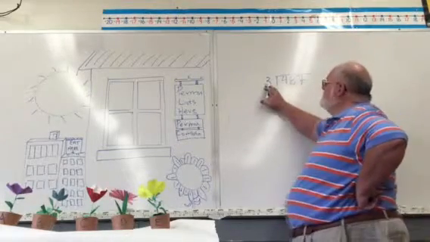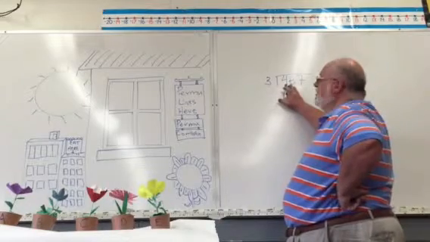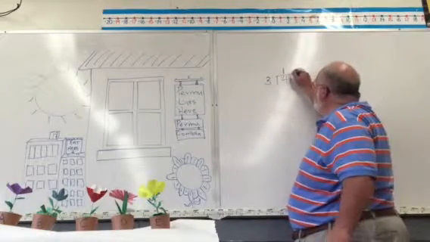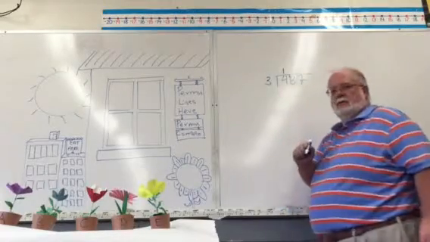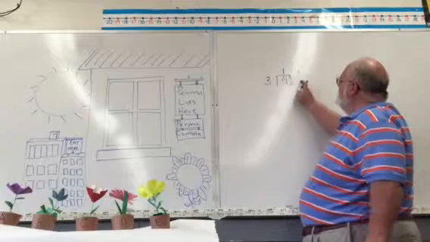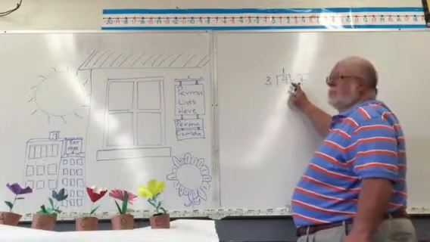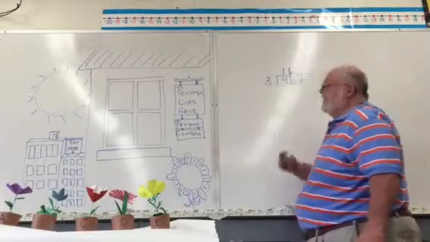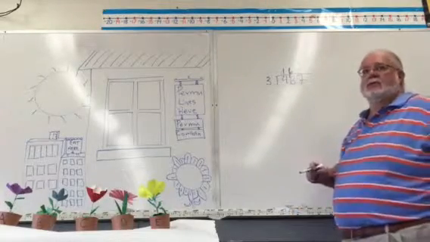The first thing I'm going to do is I'm going to check how many times does 3 go into 4. Well, it goes one time with 1 left. Now, how many times does 3 go into 18? 6, with no remainder.